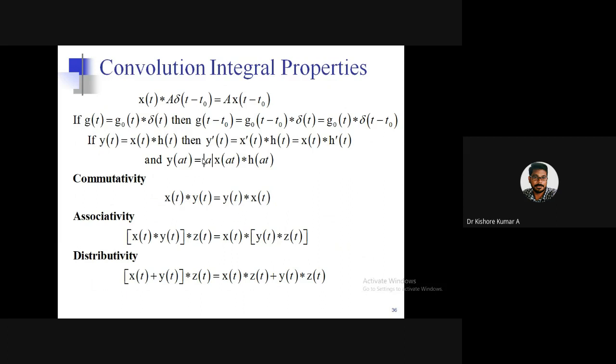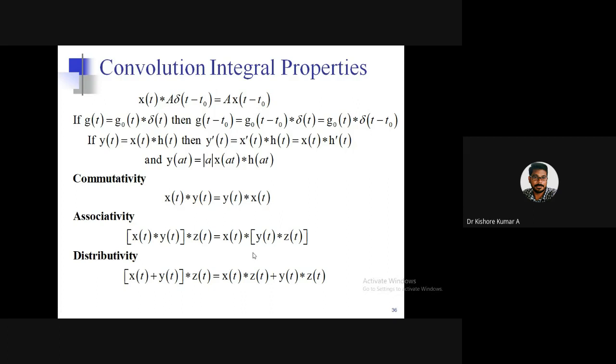And we can associate the convolution integrals. In this property, x of t convolution y of t, with both signals convolved with z of t, we can write as x of t convolution of y of t convolution z of t. In this manner we have the associative property.